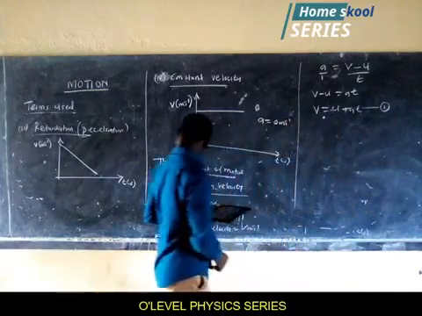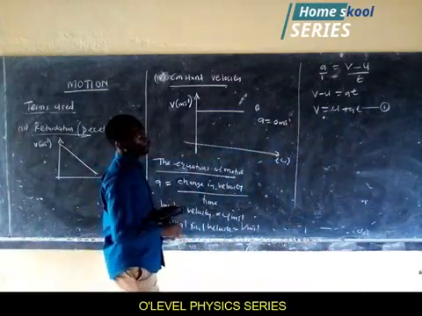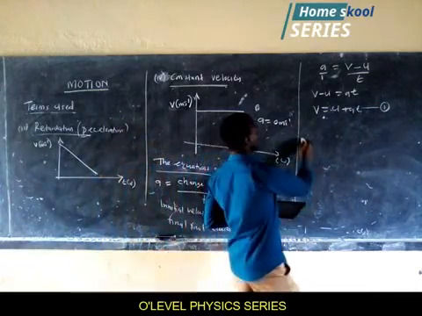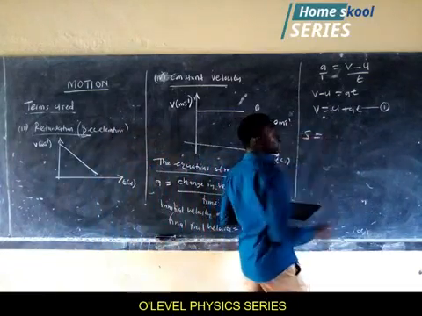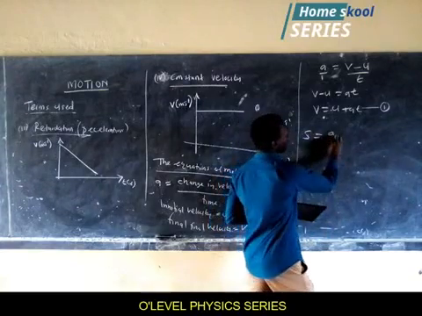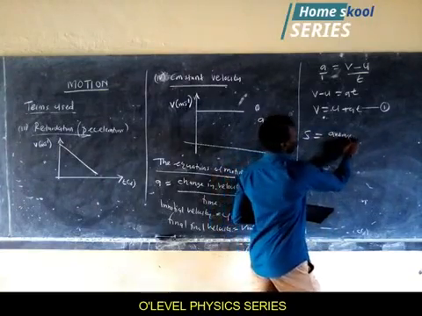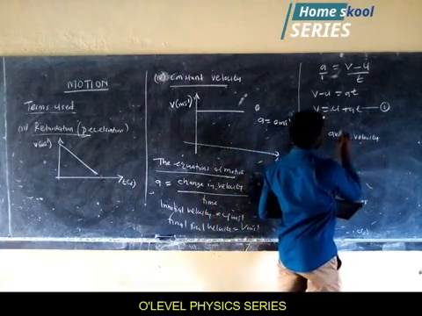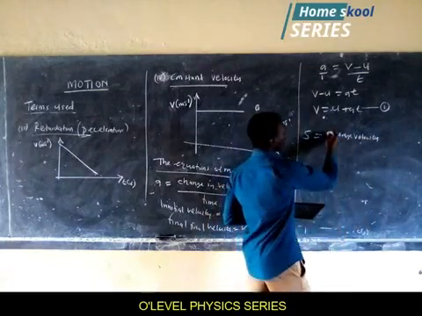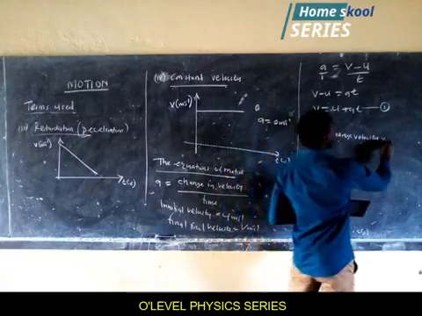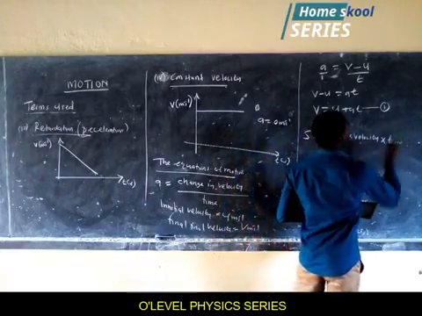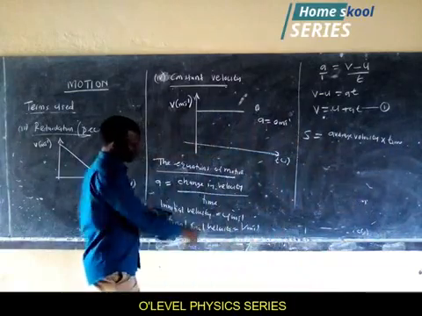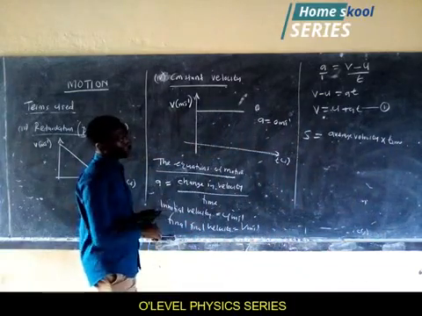Then, secondly, I can define displacement. Displacement S is given by average velocity times time. In this case, velocities are of two categories. One is initial and one is final.